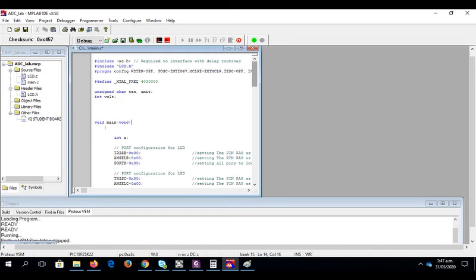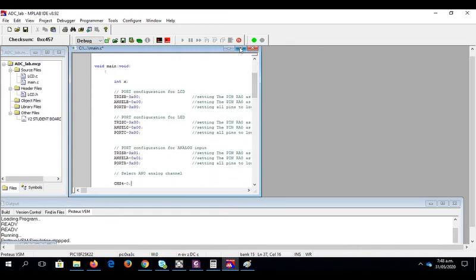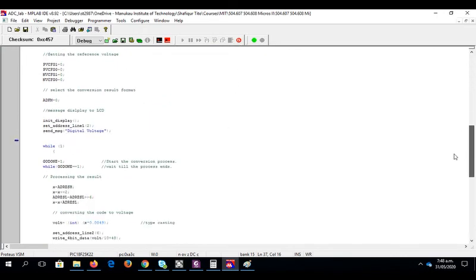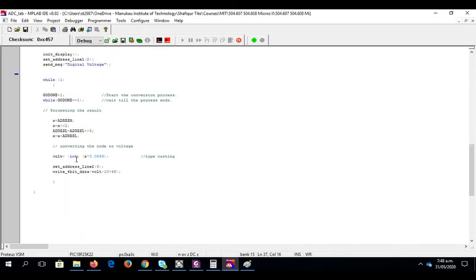So I need to just convert this one to tens and units, and then so this, now we need to process this one for LCD display. Process for LCD display.